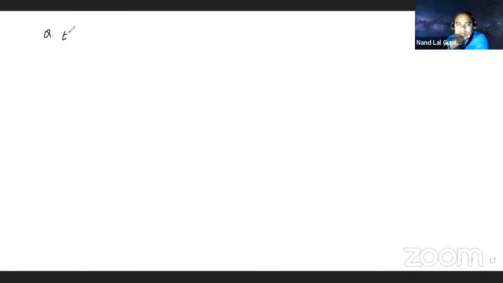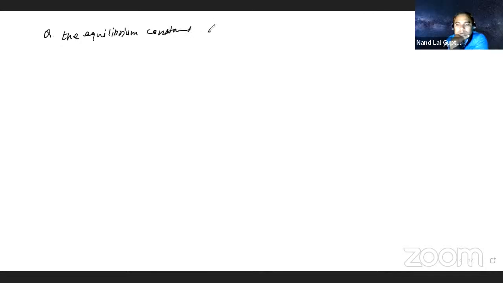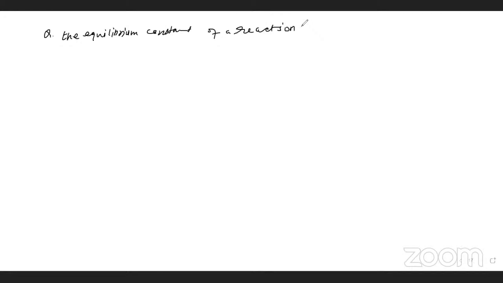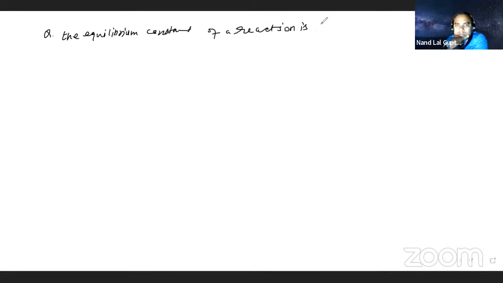They are saying the equilibrium constant of a reaction is each 70. If I give 73, it will create a problem for the log values. So I am taking another one, each 10.